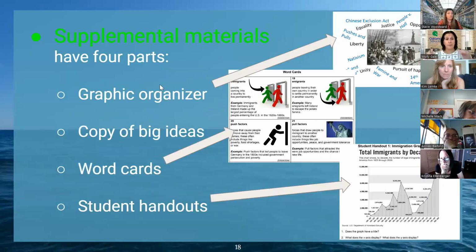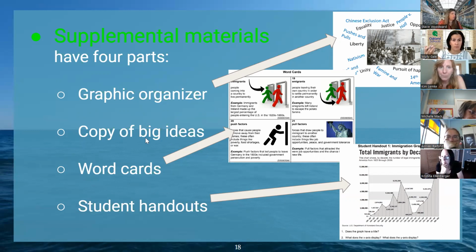So when you get to the supplemental materials document, the supplemental materials always have 4 parts to them. The first one is a graphic organizer, and we're going to come back to these in just a second, but there is a visual graphic organizer for every lesson that you can use with the kids. There is always a copy of the big ideas in the supplemental materials as well.